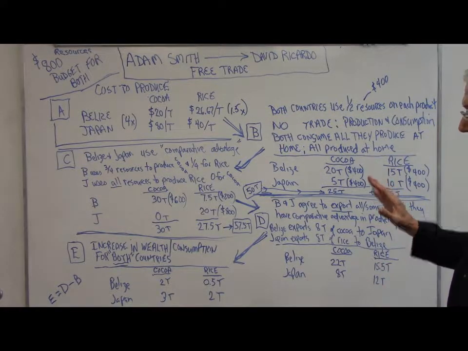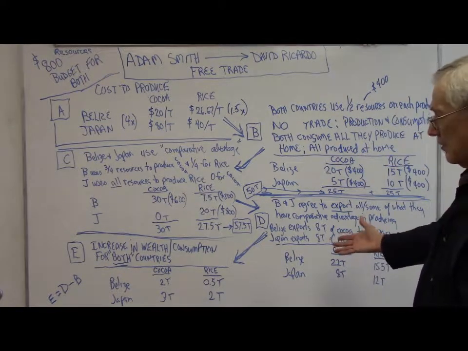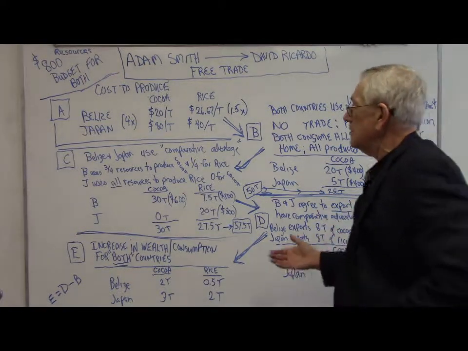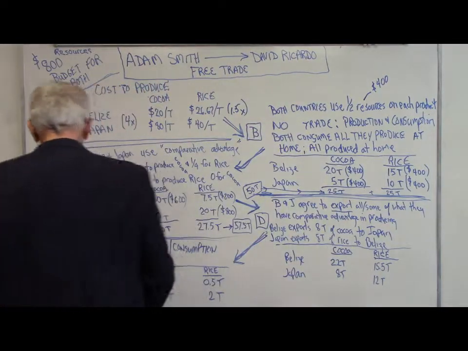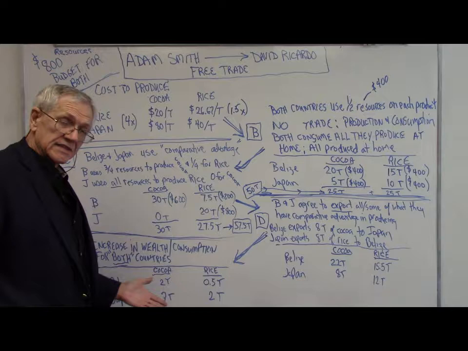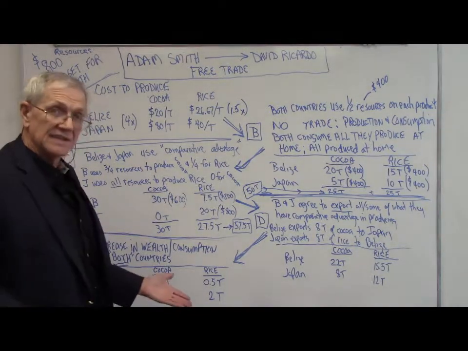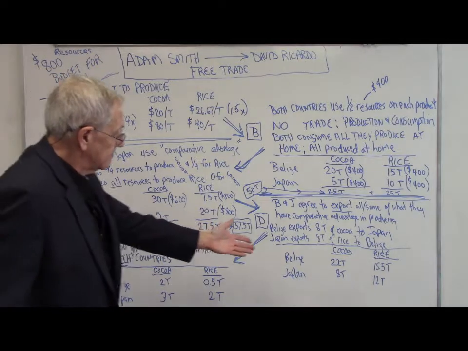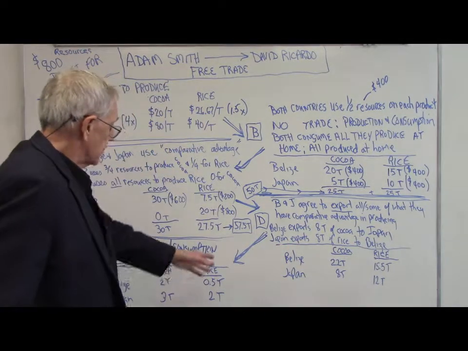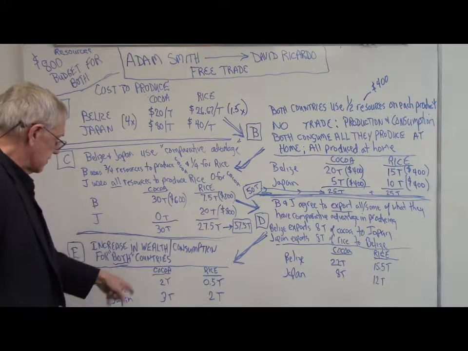Now, if Adam Smith showed at this point, he said, voila. Both countries, even though Japan is less efficient than Belize at both products, it still makes sense for them to trade and let Japan do something that it's less inefficient at. And here's the proof. This is the increase in wealth, consumption of both countries.